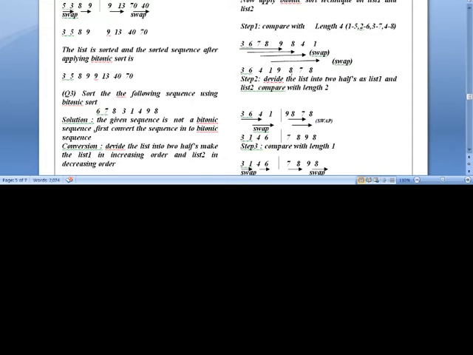So 3, 9, 3, 9 only. 6, 8, 6, 8 only. Next 7, 4 will get 4, 7. Next 9, 1 will get 1, 9.